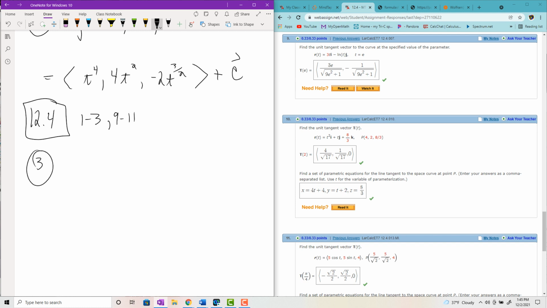But anyways, let's look at number 3. So I want to find the principal unit normal vector and evaluate it at 2. Given, so I want to find this thing, N of 2, given that r of t is equal to t, comma, 6 over t, and t is 2.